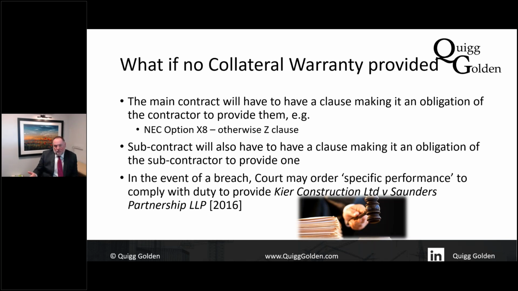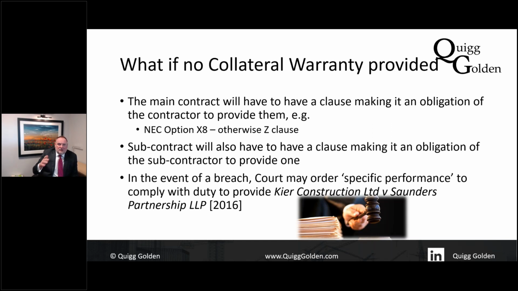Well, that's really unenforceable. So that's no use. It has to be the main contractor shall provide a collateral warranty in the terms set out at Schedule 5 or whatever, or Appendix 5, within 10 days or something like that. It has to be a clear, express, explicit obligation to provide a warranty, who it's to be provided to, when it's to be provided, and the terms.